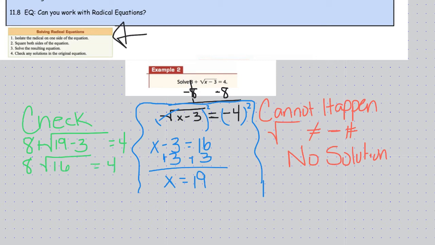That's 8 plus the square root of 16, which is 4, equals 4. 8 plus 4 is 12. Does 12 equal 4? No, it does not. That does not work, and that is why it is false and there's no solution.